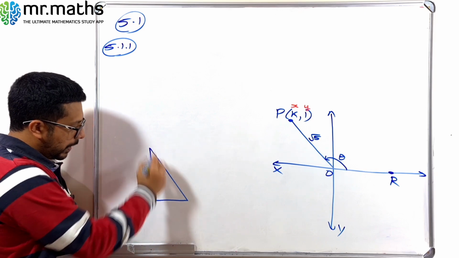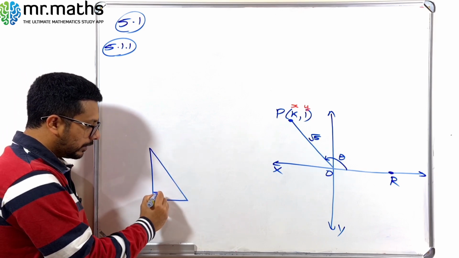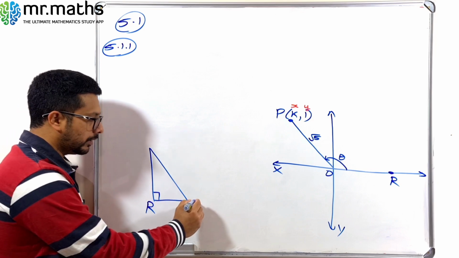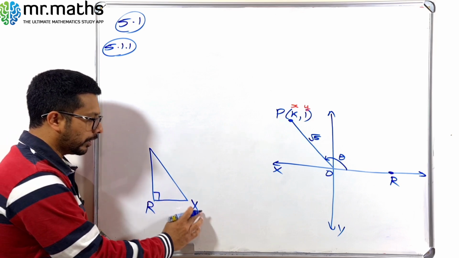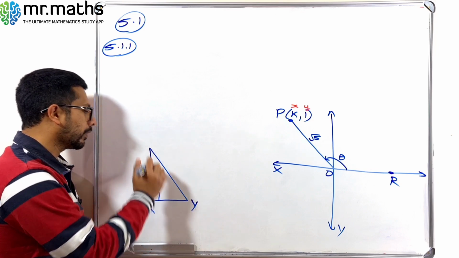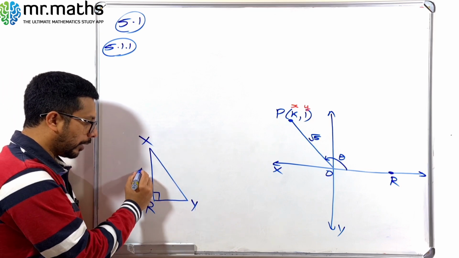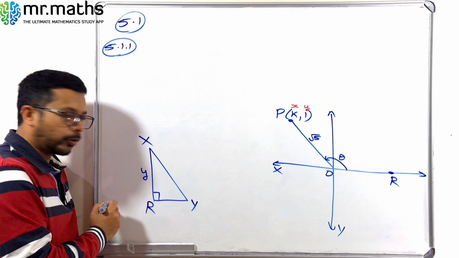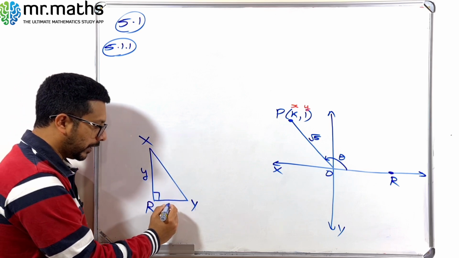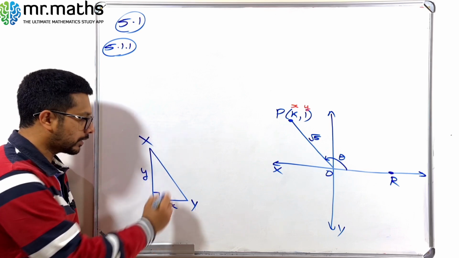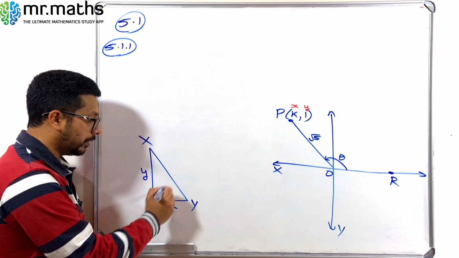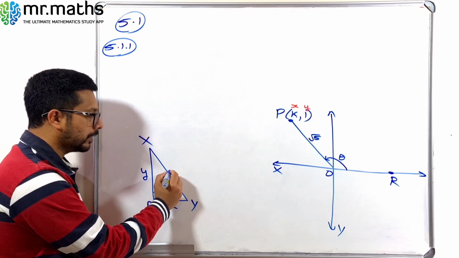I call this angle R. This is my right angle triangle. This is the x value, and this is y. Opposite of this capital Y, the length is small y. Opposite of capital X, the length is x, and opposite of this 90 degrees is R.